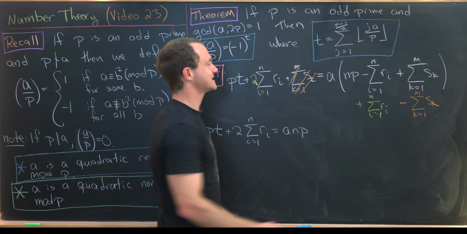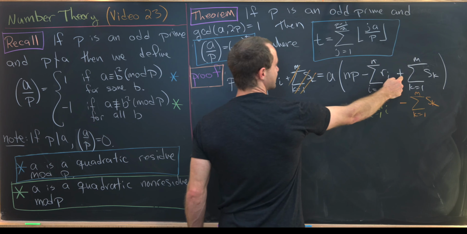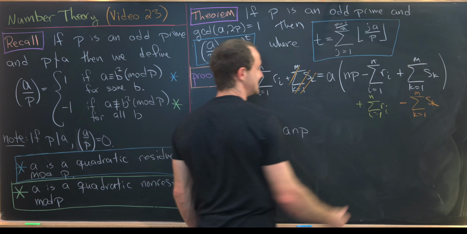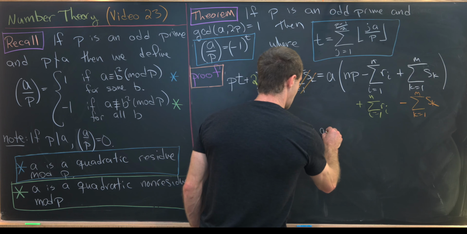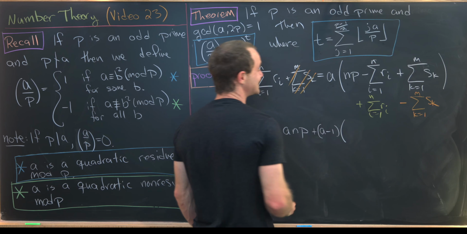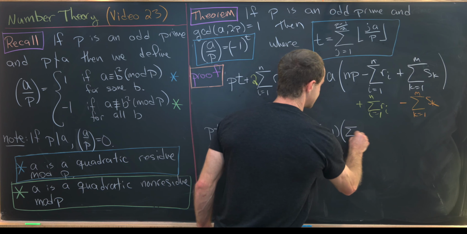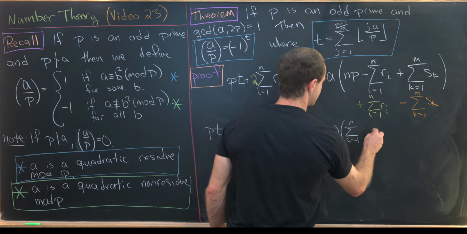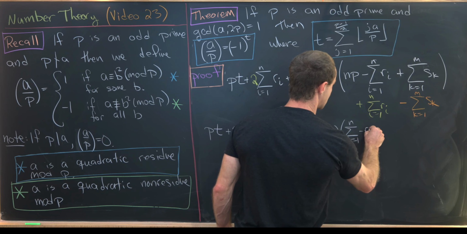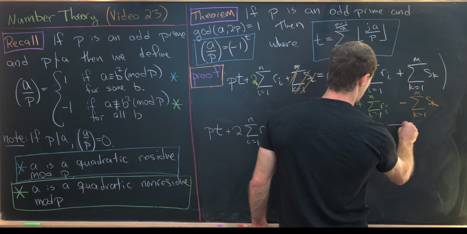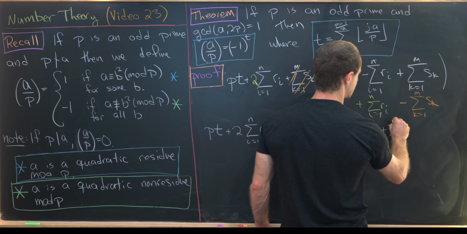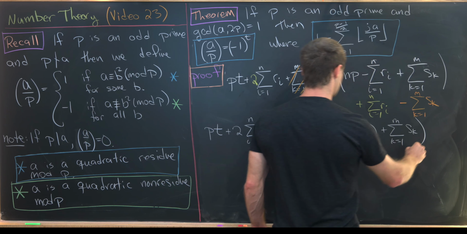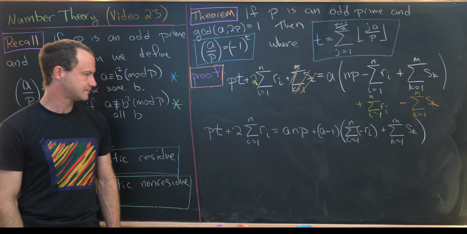And then distributing this a through, keeping in mind these signs and these additional components that we've added on, we'll have plus a minus 1 times the quantity, the sum as i goes from 1 up to n of minus ri, and then plus the sum as k goes from 1 up to m of sk, like that.